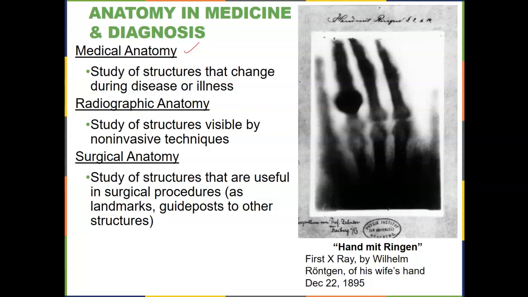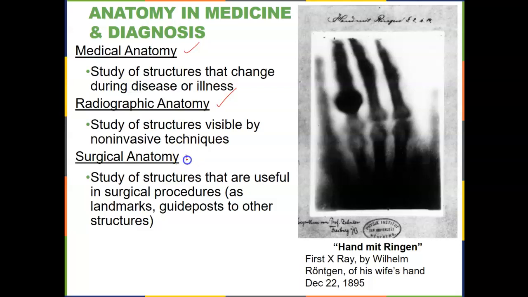Medical anatomy can be looked at and studied using radiographic anatomy. So this is where you're looking at structures that you can, say, take an x-ray of or a sonogram of. You're looking at structures using non-invasive techniques. You're not cutting into the tissues to find them. Radiographic anatomy is really helpful when you're studying growth and development of children, or you're looking for broken items, say, for example, looking at a broken bone.